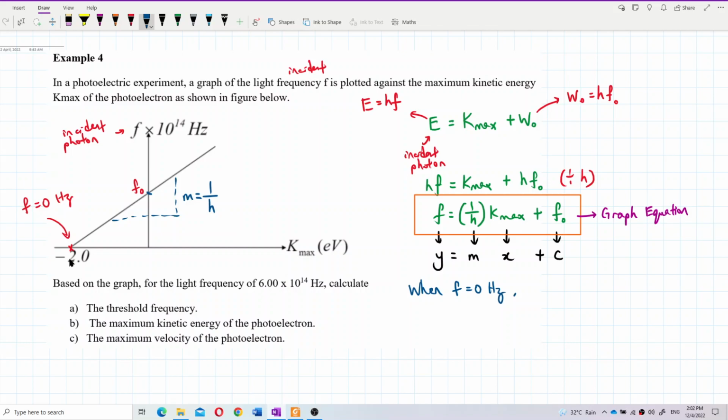So I use this equation. I substitute F with 0. Then 1 over h Kmax plus F naught.